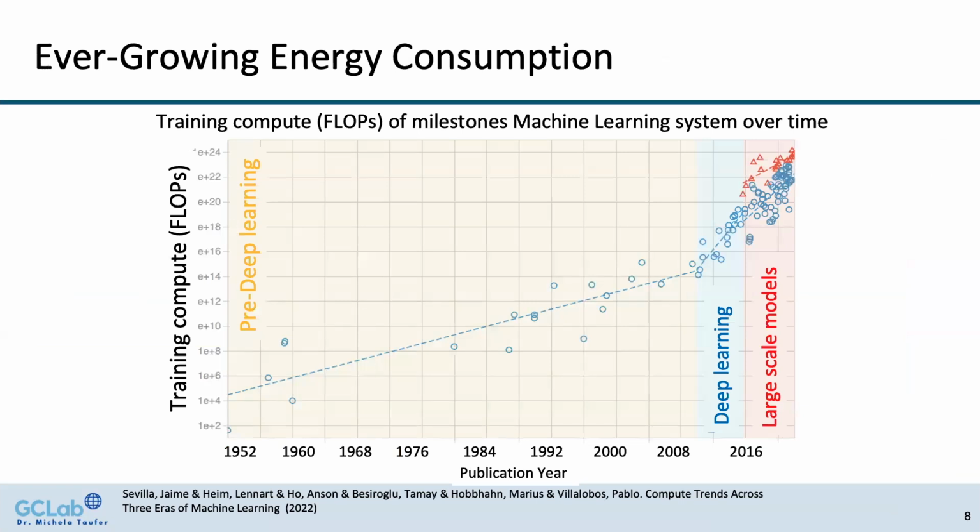And this problem is exacerbated by the growing belief that bigger models mean better performance, which we can see from this ever-growing pattern in this plot of the training compute of ML models over time. And this trend only gets worse now that we are transitioning to the new era of LLMs.